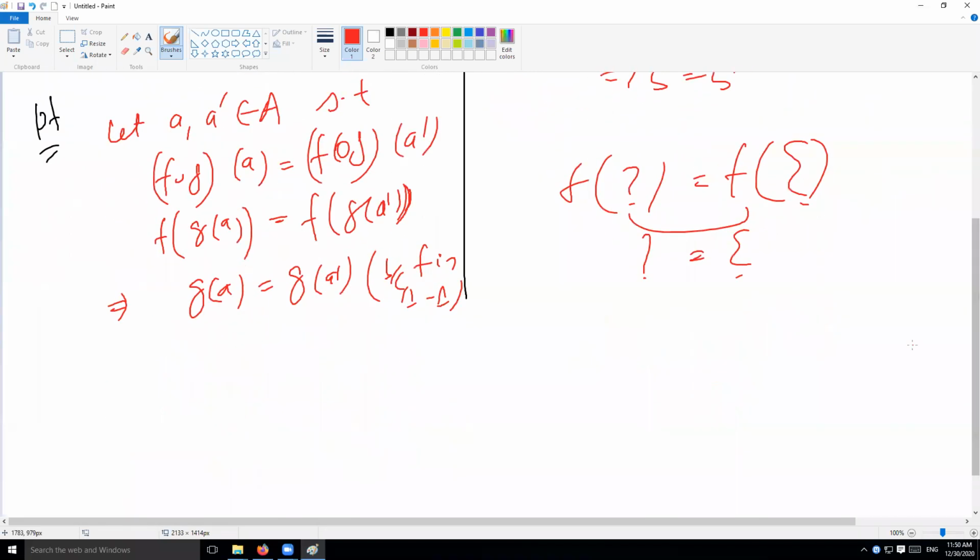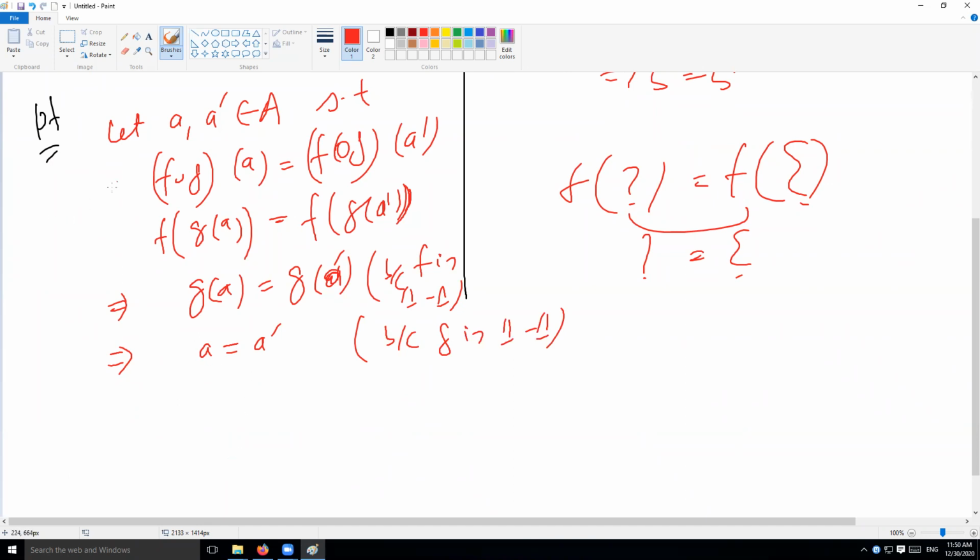So can I say something interesting? Yes sir. What would it be? A equals A prime. It's not inverse, but prime. Why? Because G is 1-1.